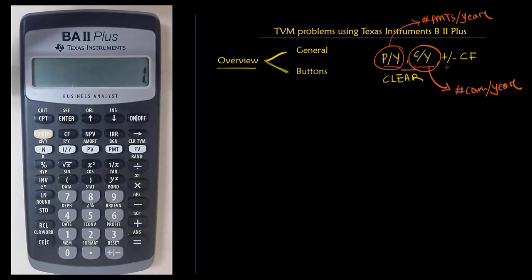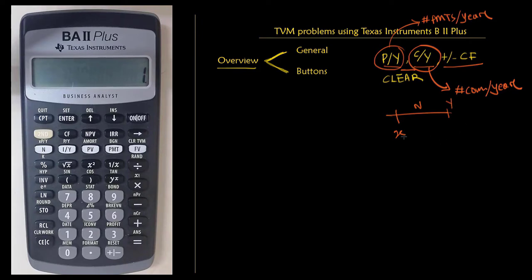Alright, let's move on to positive and negative cash flows. Well, when we do any kind of problem that has cash flows, you will need to tell the calculator which ones are your positive cash flows and which ones are your negative cash flows. For example, let's say you deposit some X amount of money in some bank, and after N periods, whatever that may be, you receive Y amount of money.